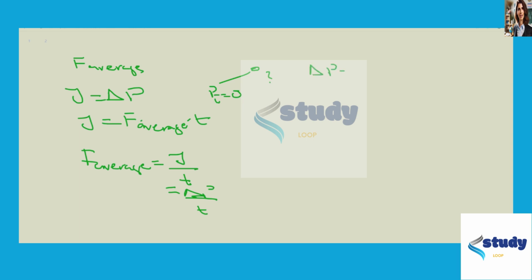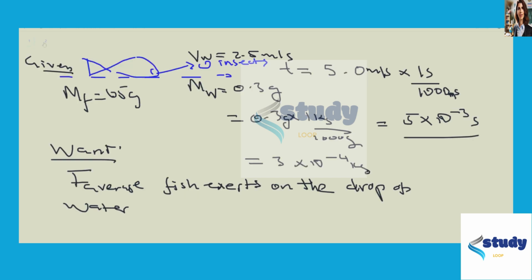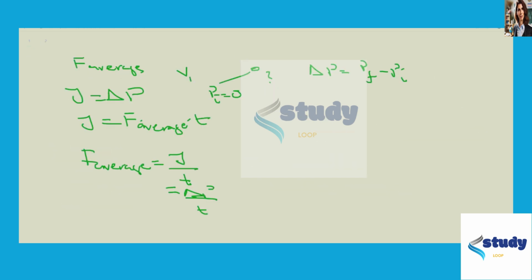So the change in momentum is the final momentum minus the initial momentum. The initial velocity, not for the fish, for the water, is 0 meters per second. Because of that, the initial momentum is zero. So the change in momentum is just the final momentum, and then we divide that by the time.